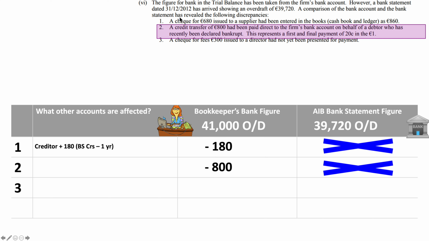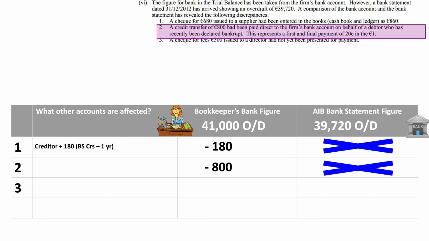So let's read it again and think what else we have to do. Credit transfer of 800 paid directly into the firm's bank account, that's grand, on behalf of a debtor who has recently been declared bankrupt. This €800 represents a first and final payment of 20 cent in the €1. So the other 80 cent in the euro, the business is never going to get.